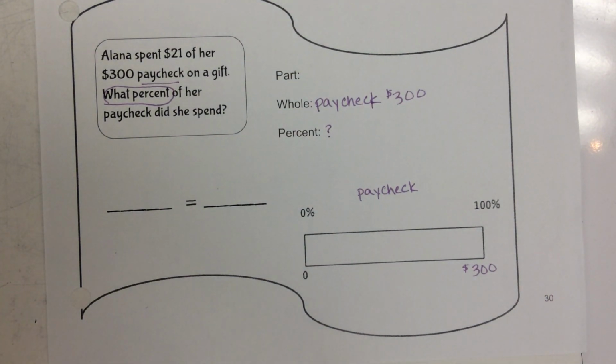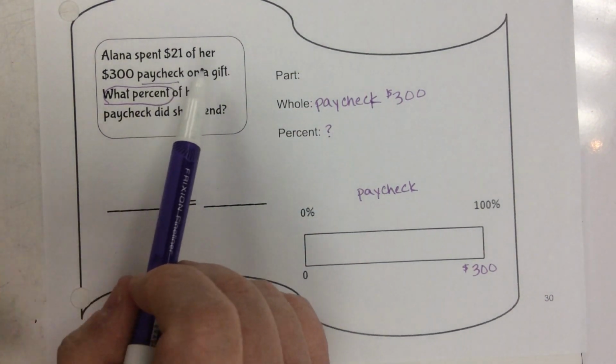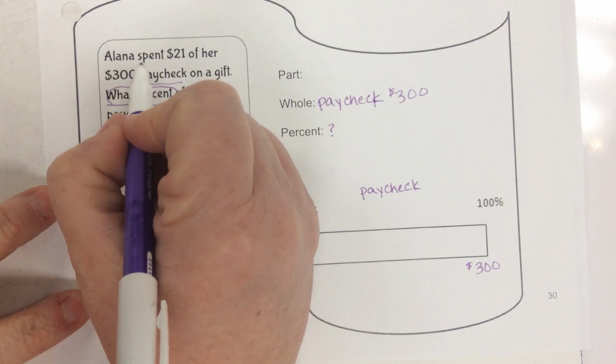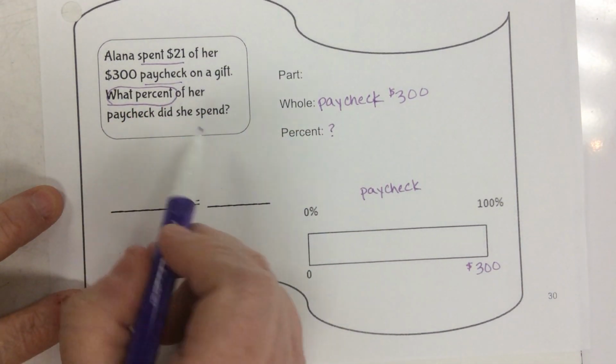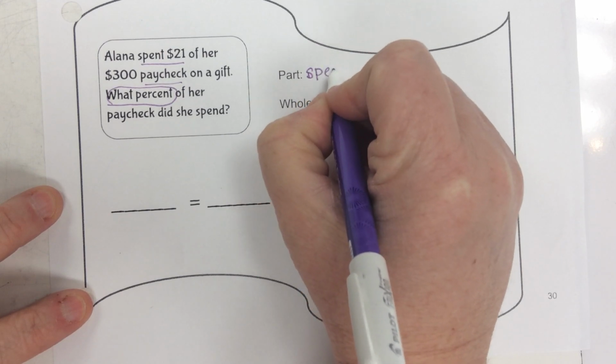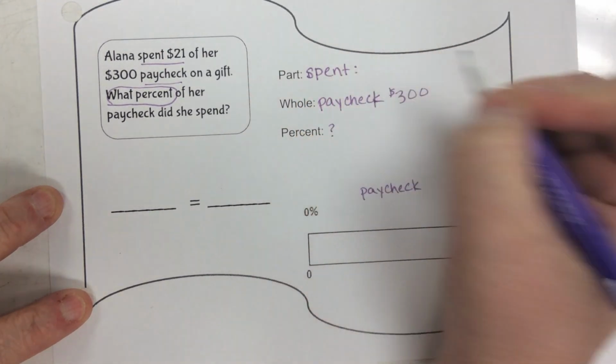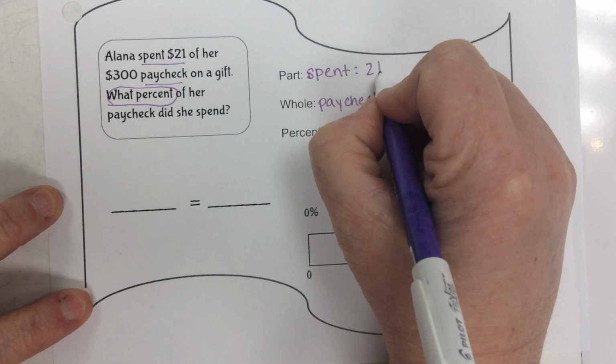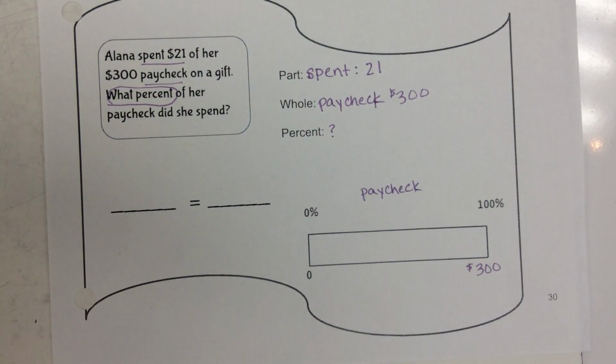Now, when we talk about parts, we are talking about the part that she spent. So, part spent. Sorry, that was messy. And what part did she spend? $21. She spent $21 of the $300 on a gift.